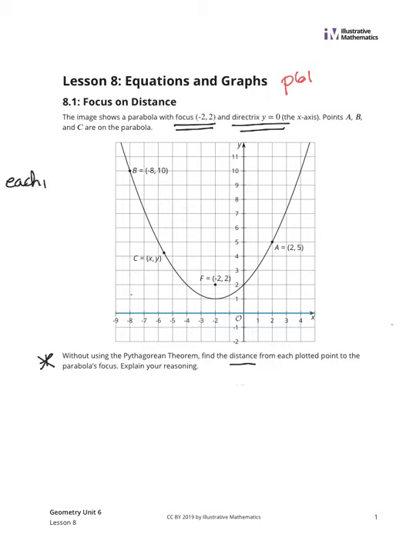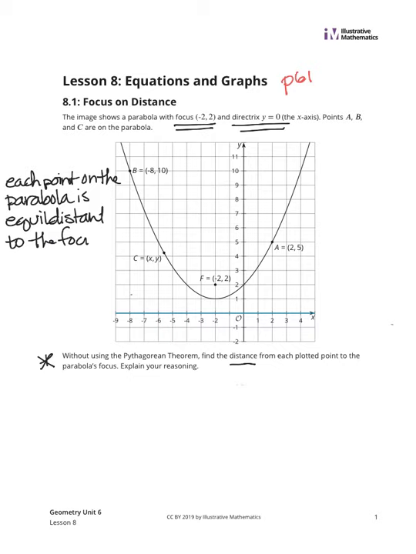Each point on the parabola is equidistant to the focus and the directrix. So taking a look at point A right here, it is the same distance from A to the directrix as it is from A to the focus.